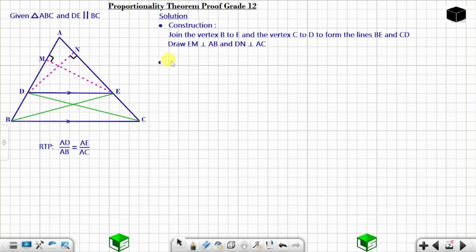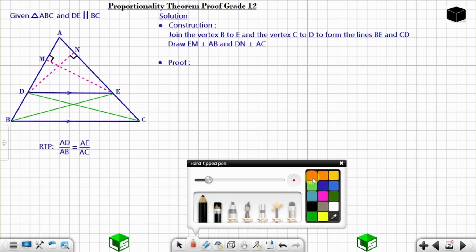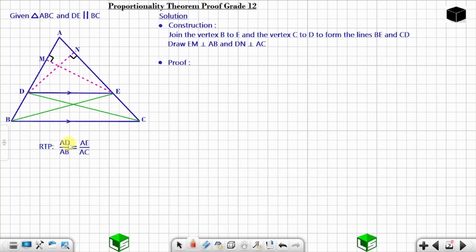Now, the proof. We need AD over AB. Okay, let me show you.